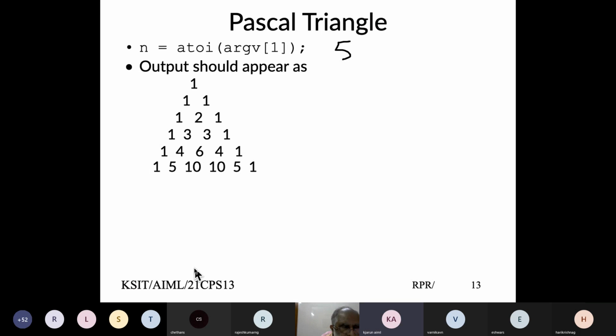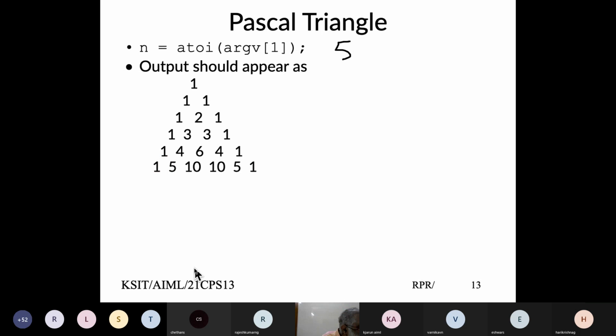We could try nested loops. Yes, but what would be the size of the nested loop? What is your thought process? If my input is 5, how many lines do you need to print? 6 lines. Yes, that's the first thought process. If input is 5, you need to print 6 lines.